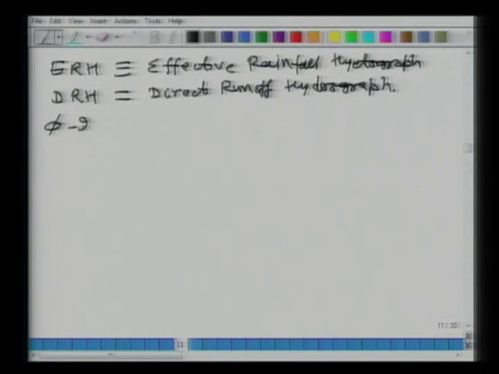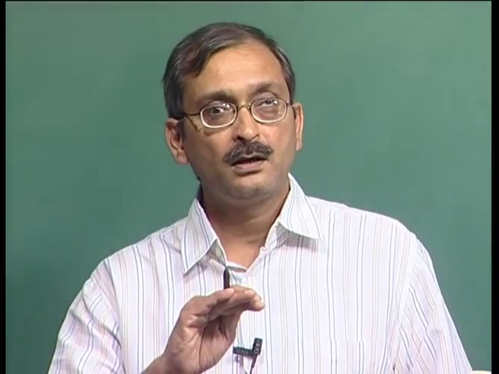All right, we will get started with a very simple concept. All right, which you have probably seen in your undergraduate classes again, and this is called the phi index. Okay, what is phi index? It is nothing but a very simple concept in which we have the rainfall hyetograph and we draw a horizontal line on it such that everything above that line is direct runoff and everything below is abstraction or the losses.